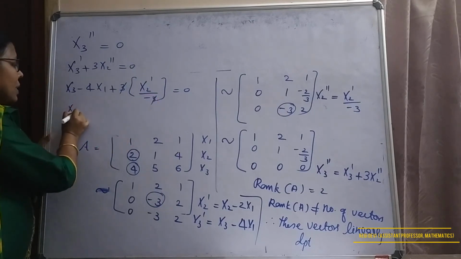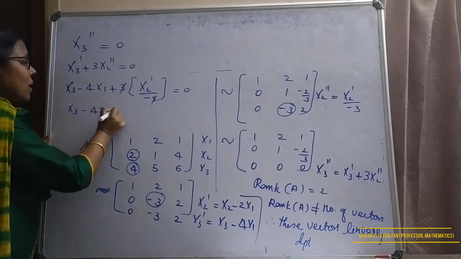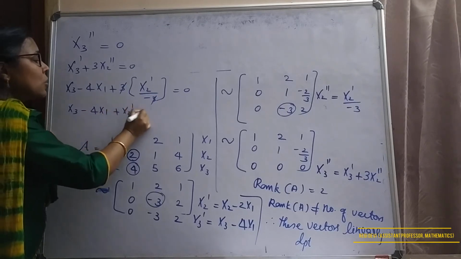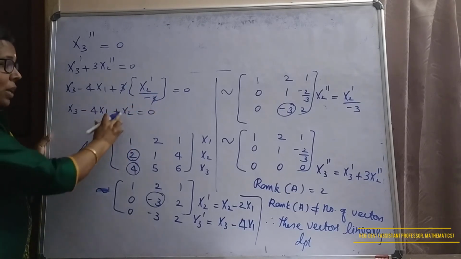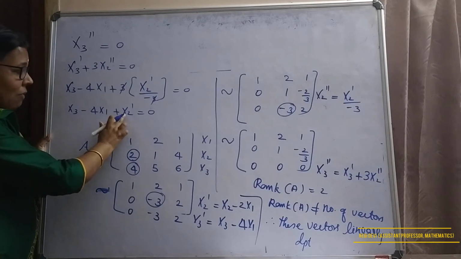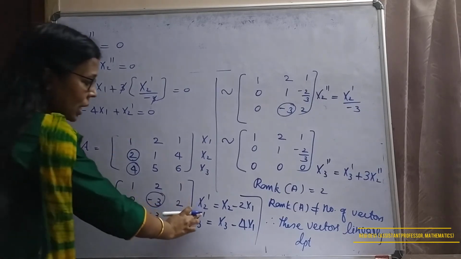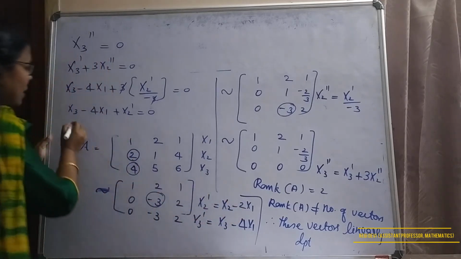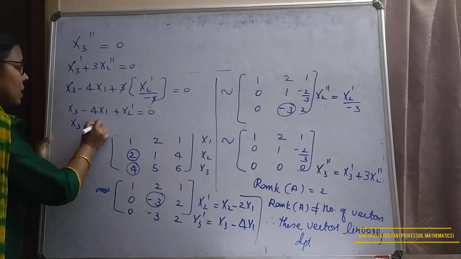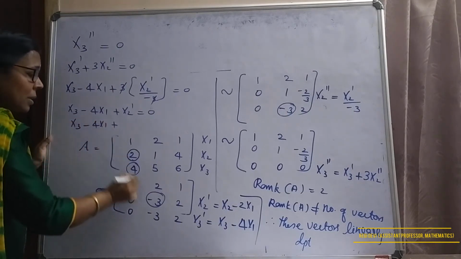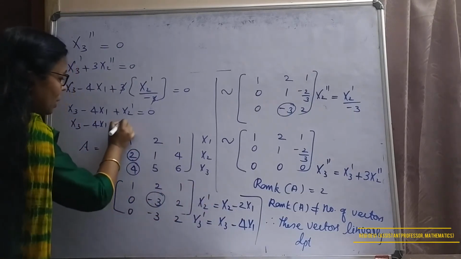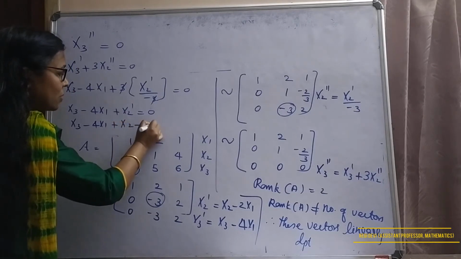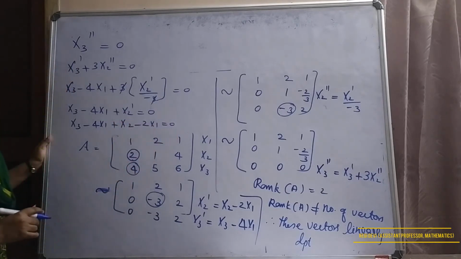Then we get x3 minus 4x1 plus x2 dash equal to 0. Now we have to convert this x2 dash. x2 dash equal to x2 minus 2x1. That is x3 minus 4x1 plus x2 minus 2x1 equal to 0.